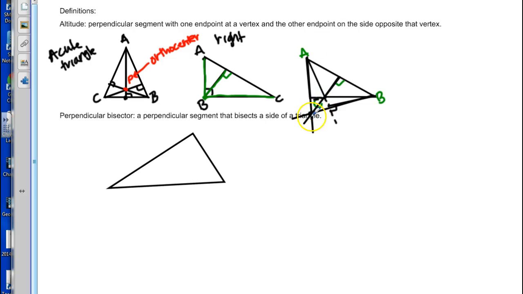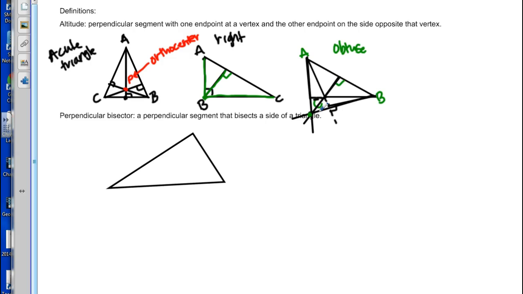So my orthocenter for an obtuse triangle is outside the triangle. So there are altitudes for each of those types of triangles. Now you do not have to draw 3, but you can see that there can be 3 altitudes drawn.